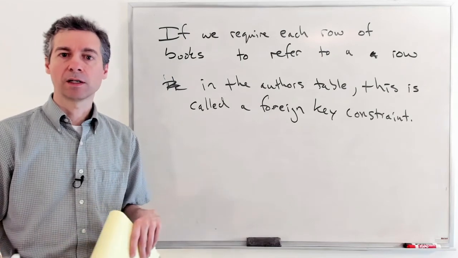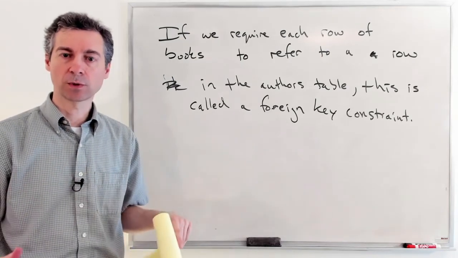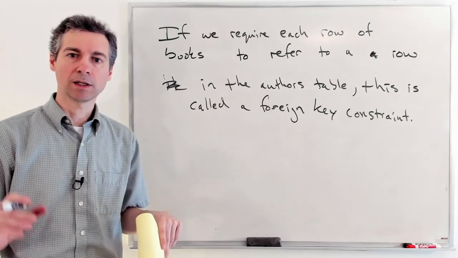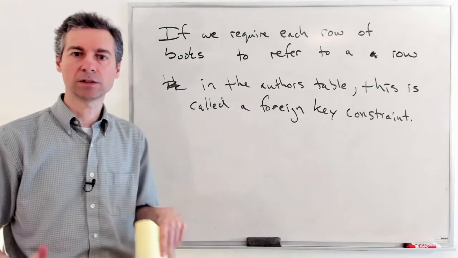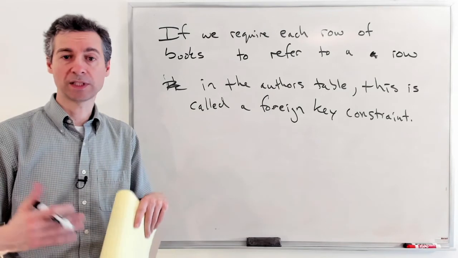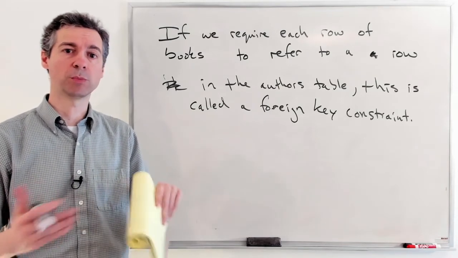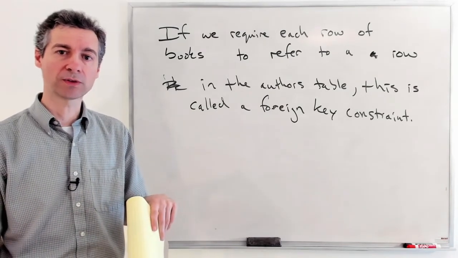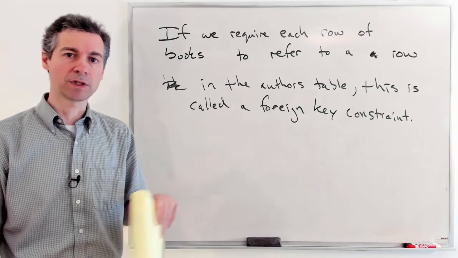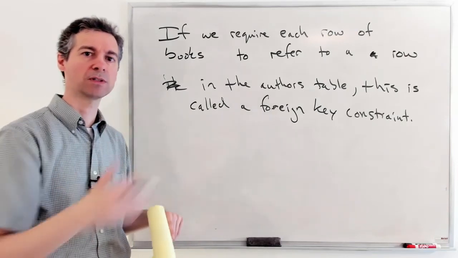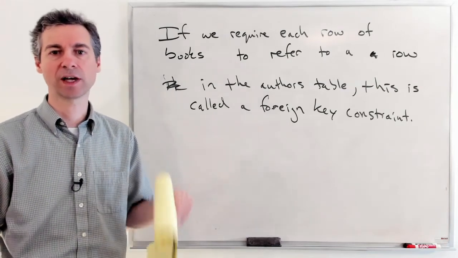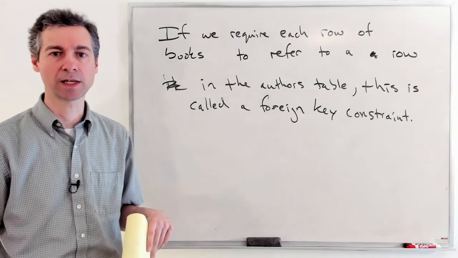Likewise, if we have such a foreign key constraint, and let's say we allowed nulls into the system, you could have potentially envisioned someone trying to put in a book with a null author ID. But if we have a constraint in place that says it has to refer to something in the authors table, we would be in violation of that and we wouldn't be allowed to put that data in.